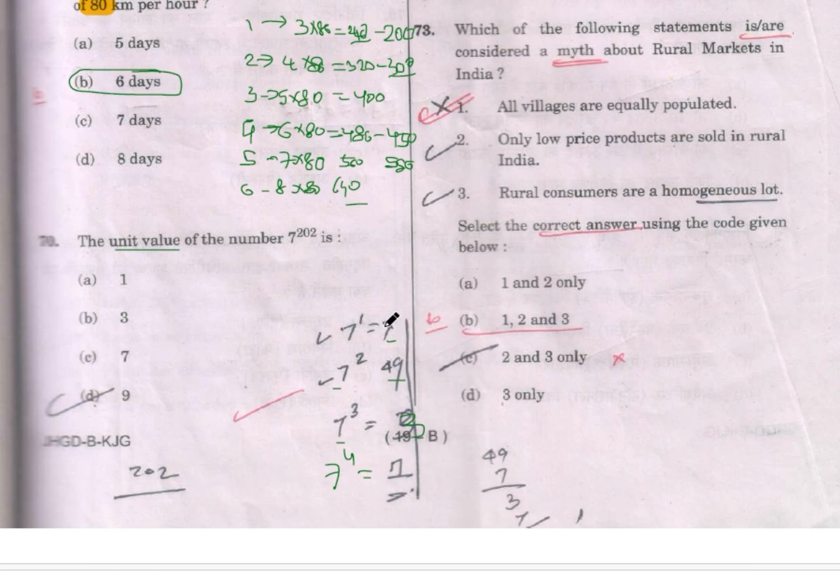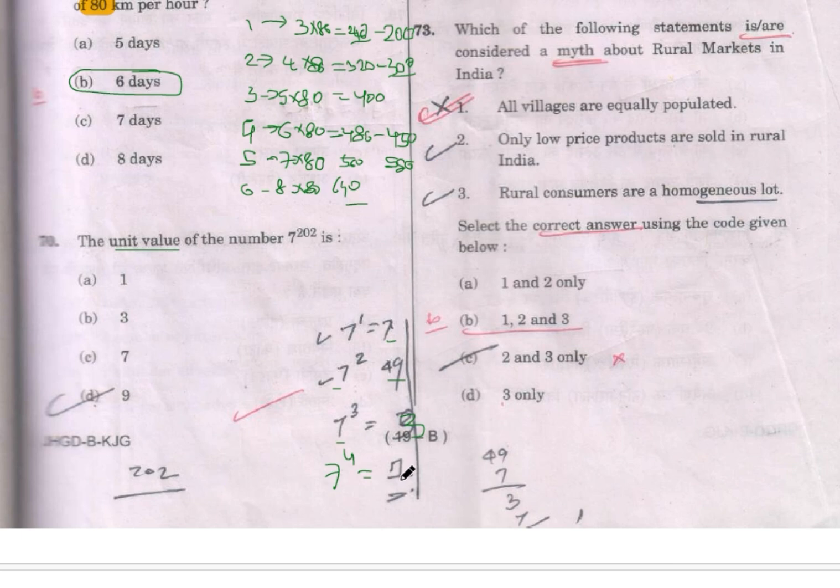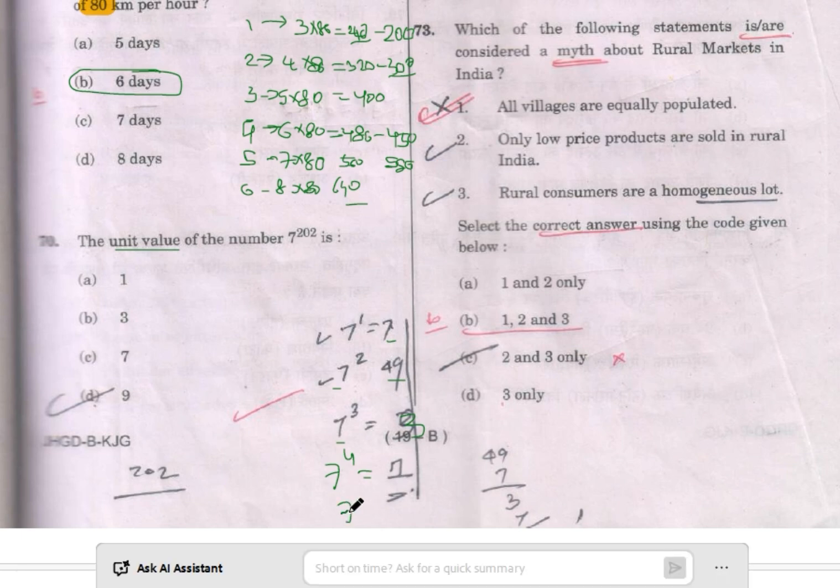So in every fourth power the same thing is going to be repeated. In 7 to the power 5 there will be 7 in the unit place.